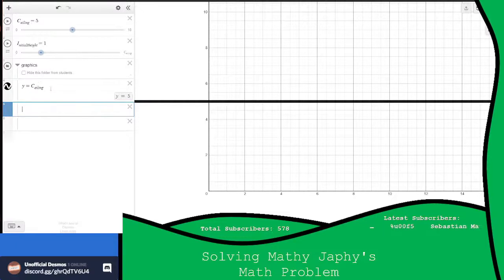We're also going to create this point, which we're going to call initial point, which is going to have 0 and then initial height.